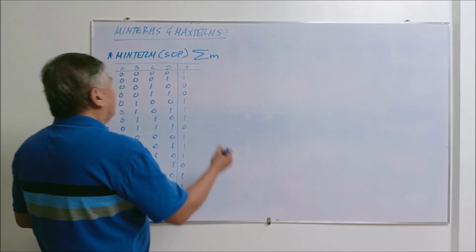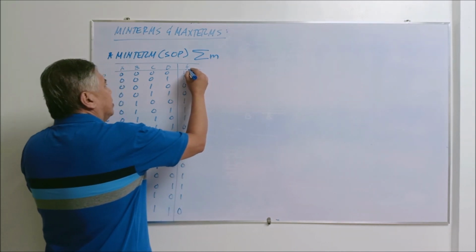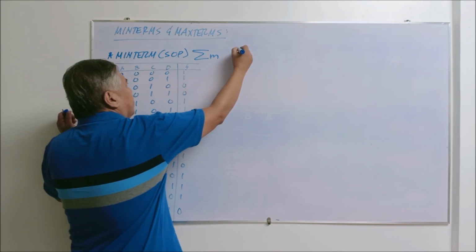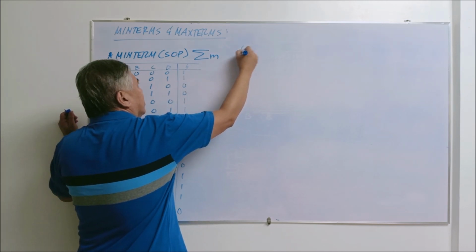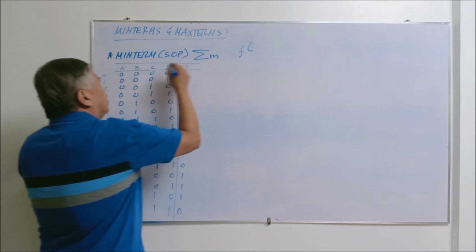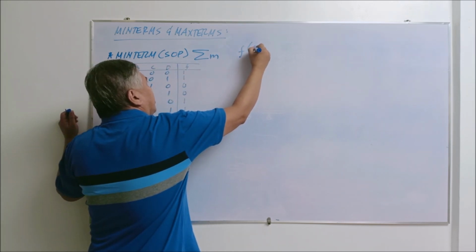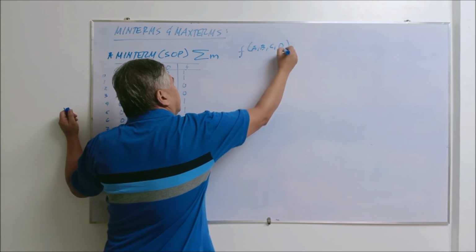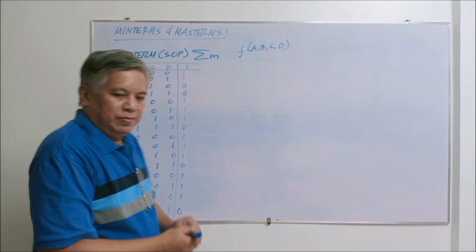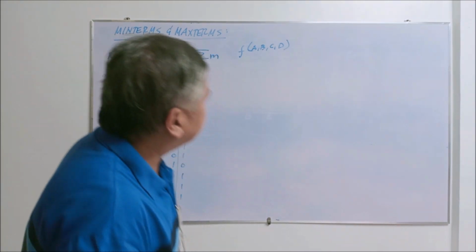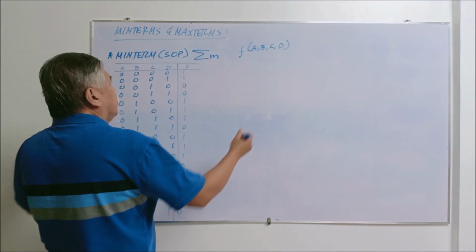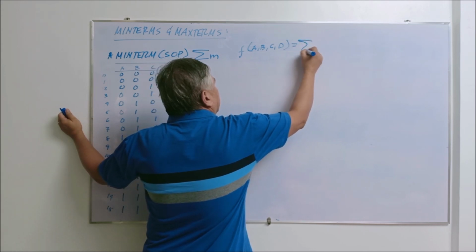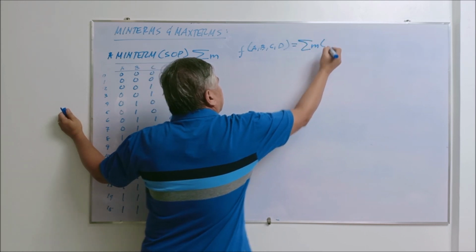If you notice, the output is represented by f, F as a function of A, B, C, and D. This is equal to the summation of Minterms. What are the Minterms here?